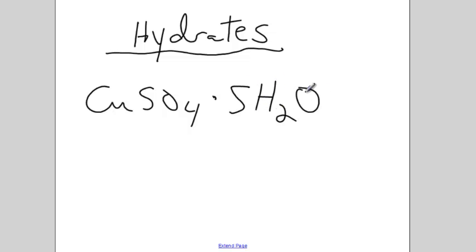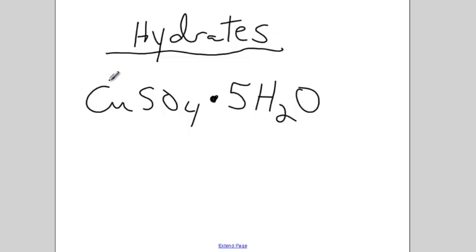CuSO4·5H2O. Okay. See this guy, this dot? That dot does not mean multiplication. Not like in math class. That dot means that this water is loosely bonded to the CuSO4.